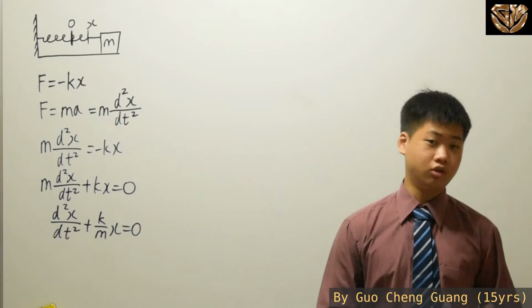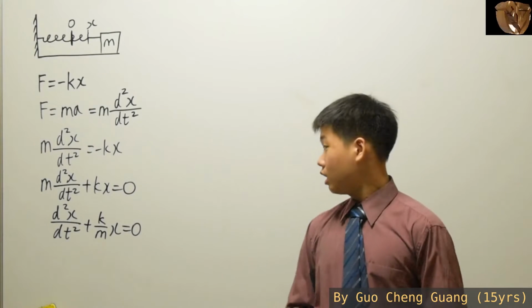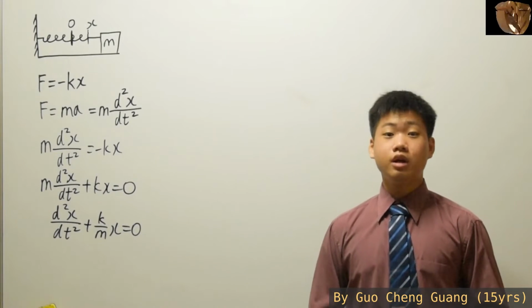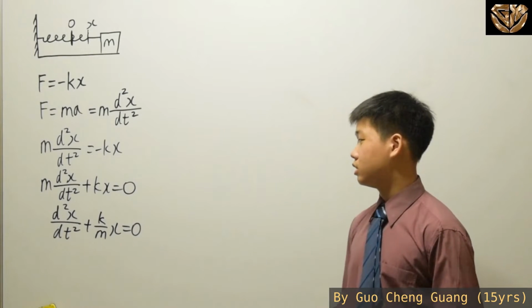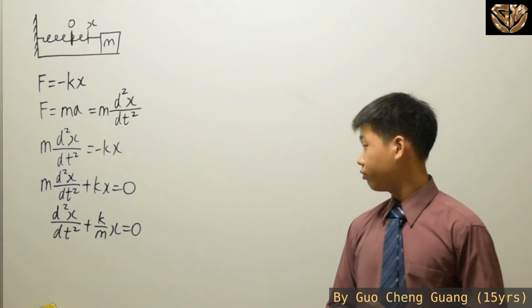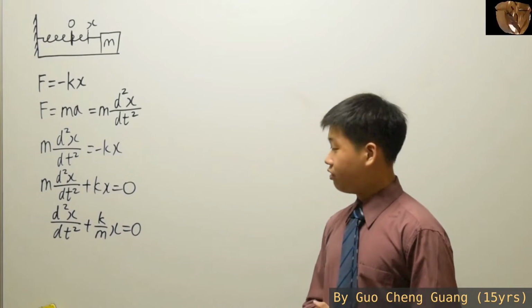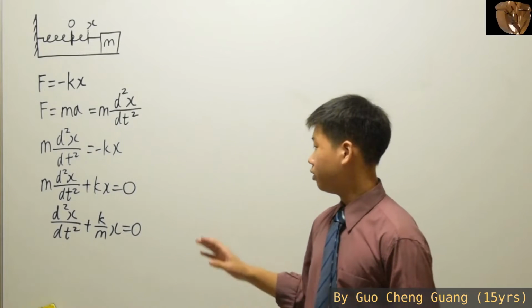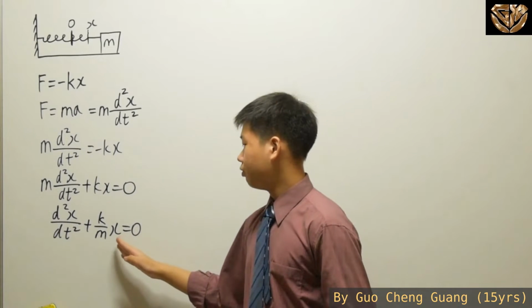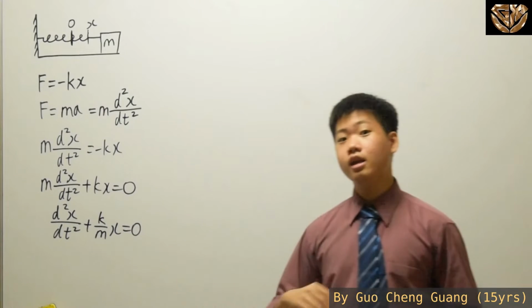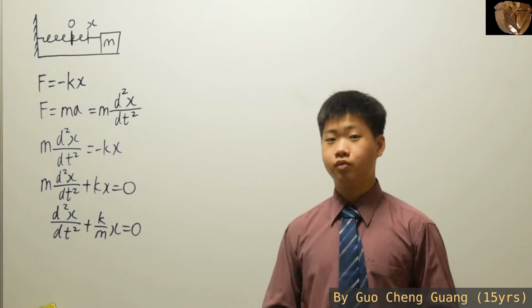And if you have not learned differential equations, then this could be rather difficult to understand, since actually in differential equations, here you should be able to solve what x is. Alright, so if you have learned a little bit of differentiation, you would probably know of something that, when you differentiate it twice, can cancel out itself.